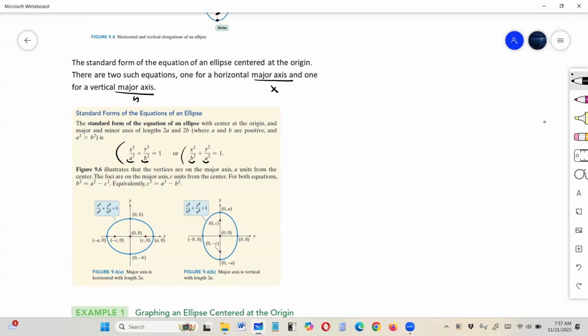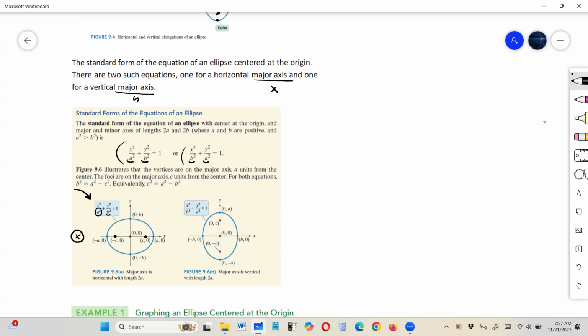All right. So first, let's take a look at the one on the left. The one on the left, even though it doesn't look all that much different, has its major axis on the x-axis. So it's sitting on the x-axis and the foci are here. Now, if the ellipse is sitting on the x-axis, then this value here, the denominator to x squared, is going to be bigger than b squared.